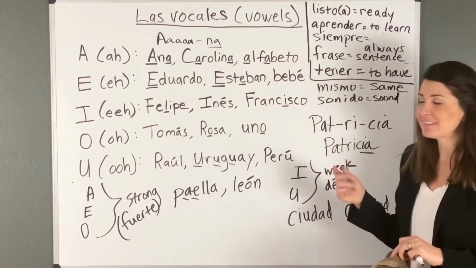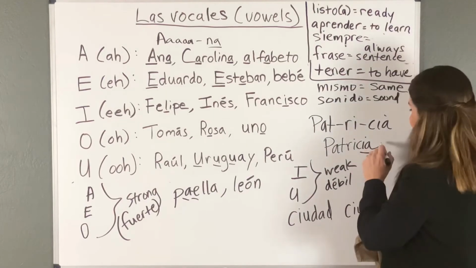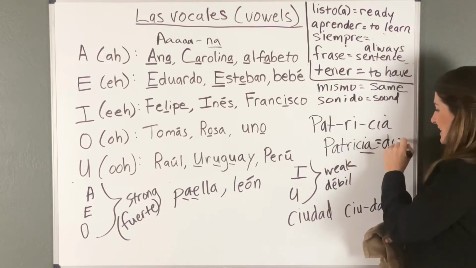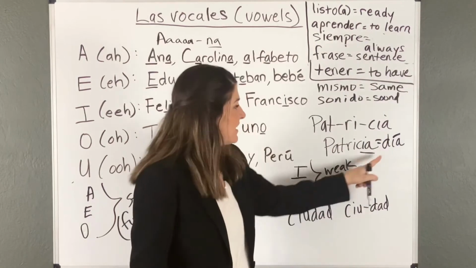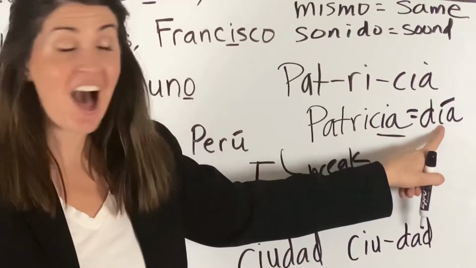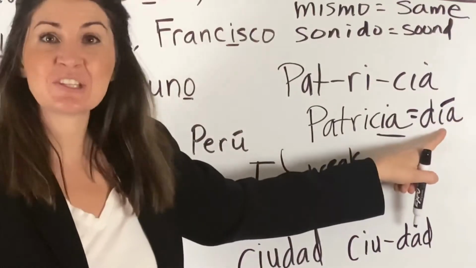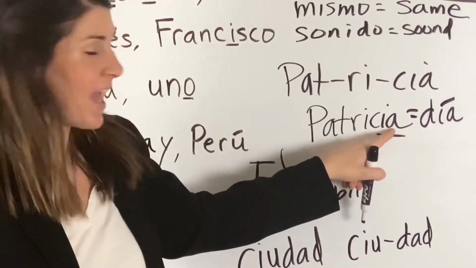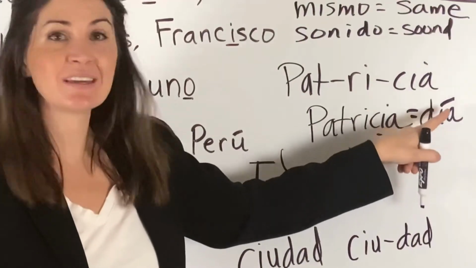Let's just take a quick look at an example of Patricia versus a word many of us know, día, like buenos días. Look how the weak vowel, the I, now has a tilde. What does that do in this case? So we have IA, I without a tilde, and here IA, I with a tilde.